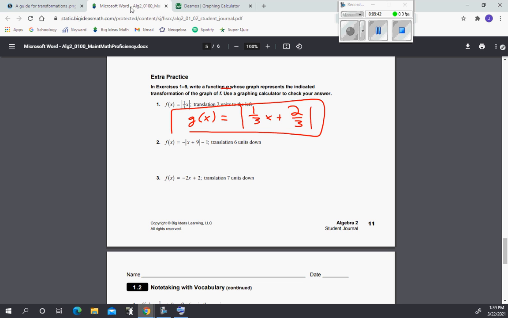Well, we have minus 1 already. We want to go 6 units down further than minus 1. So our new function, g of x, is going to equal the negative absolute value of x plus 9. Nothing changed there. We want to go 6 units out from that already minus 1. We're going to be at minus 7.